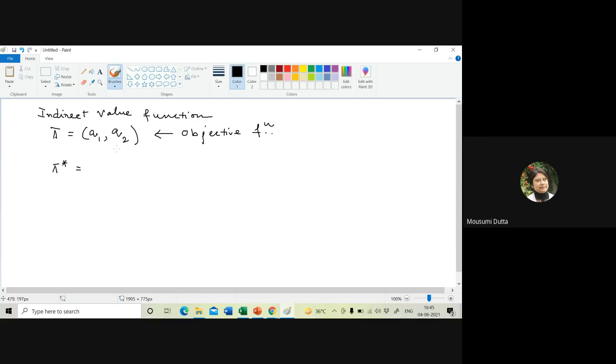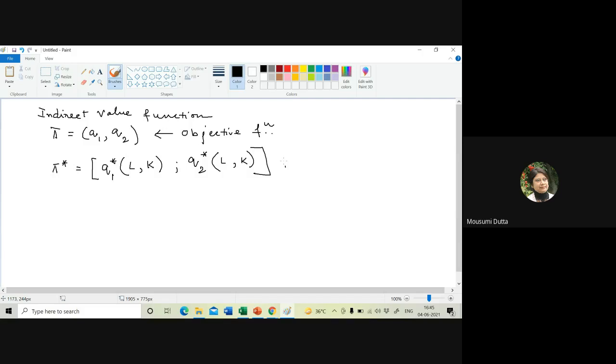Suppose Q1 and Q2 are functions of L and K. On the basis of optimizing levels of L and K, you are finding Q1 star, Q2 star.